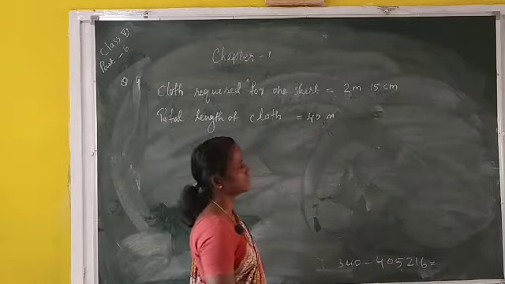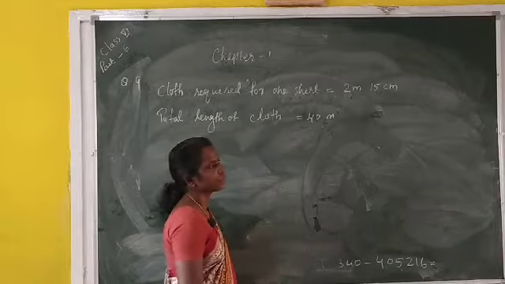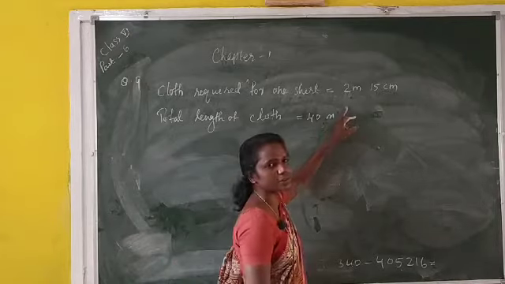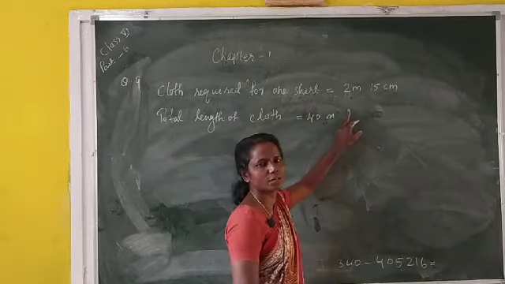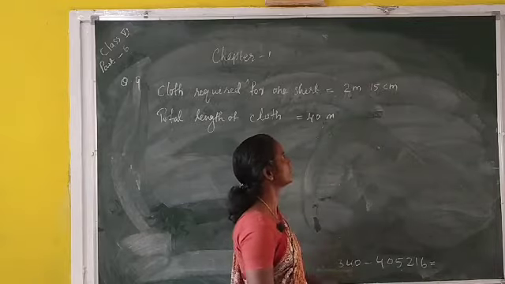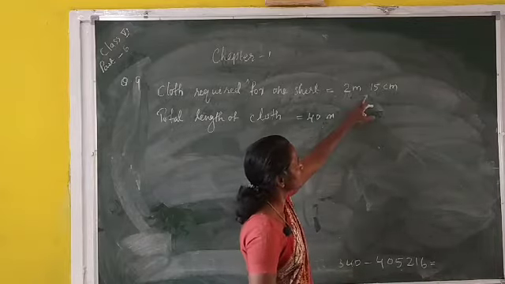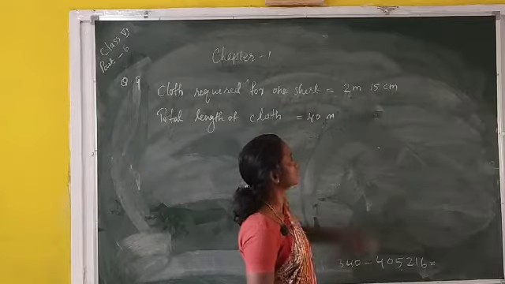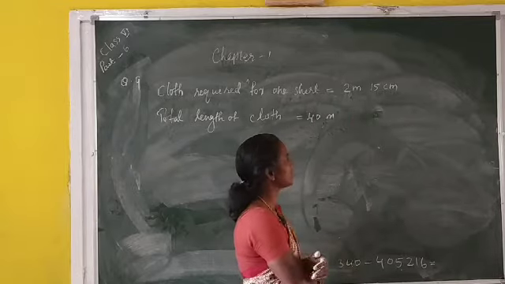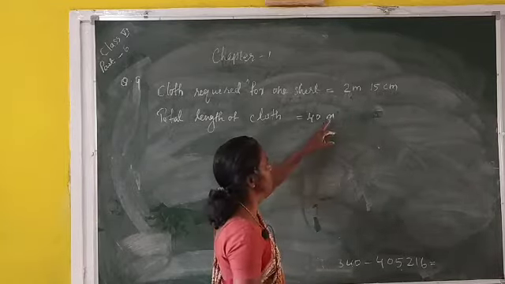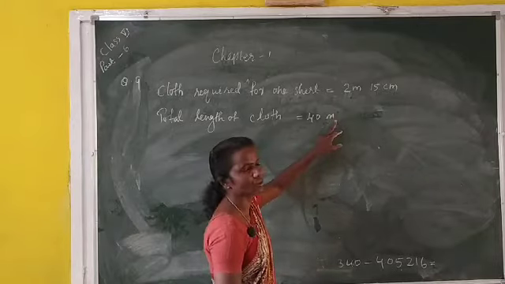Look, this is a different unit. Then for calculation, these different units first we convert into the same unit. Look, 2 meter 50 centimeter we can convert to meter or centimeter, and the same as this, 40 meter we can convert to centimeter also.